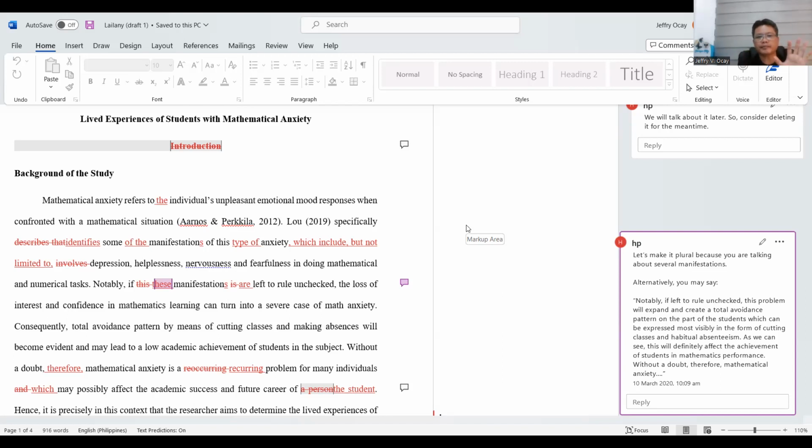So again, we did conduct discussion on problem formulation. We discussed and approved her research problem or research gap.